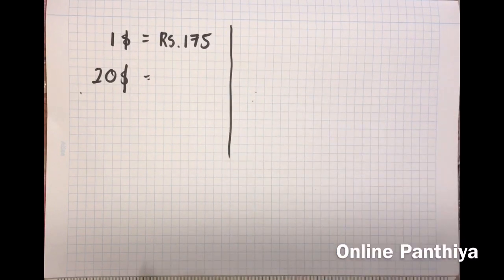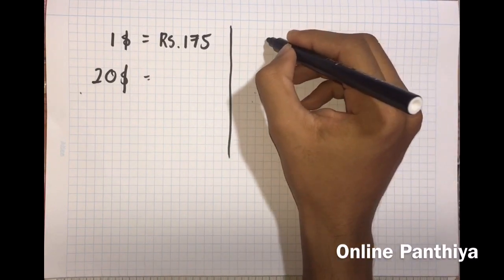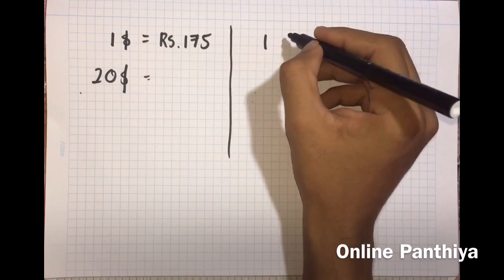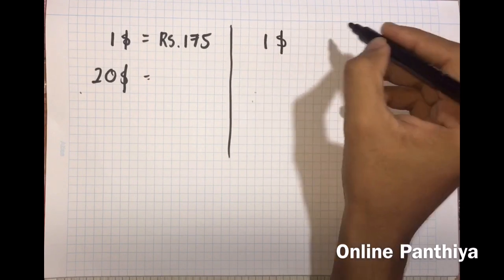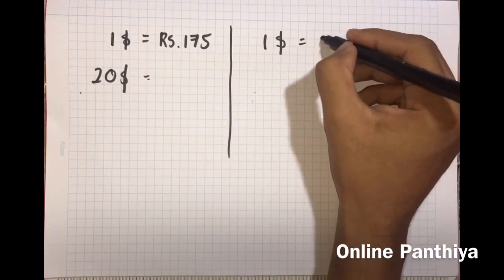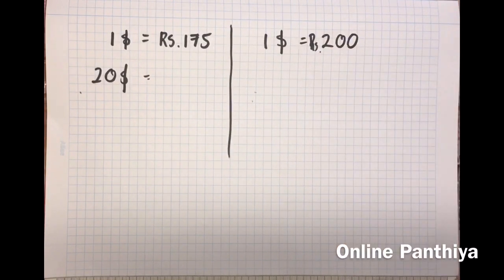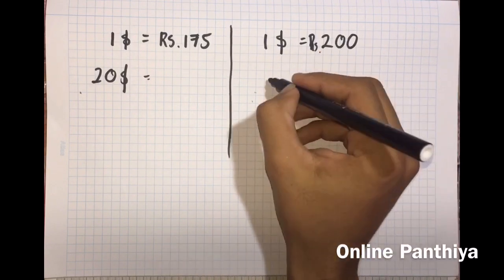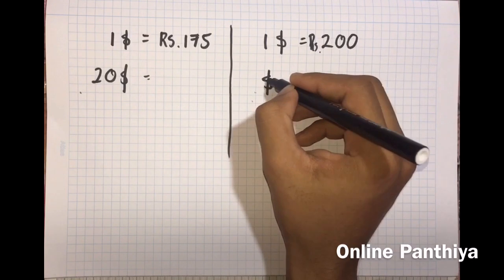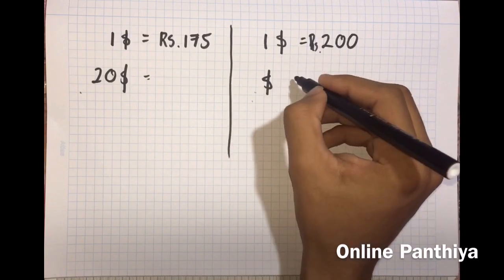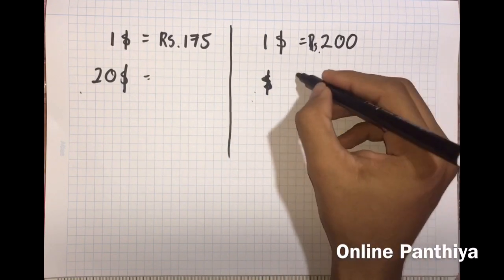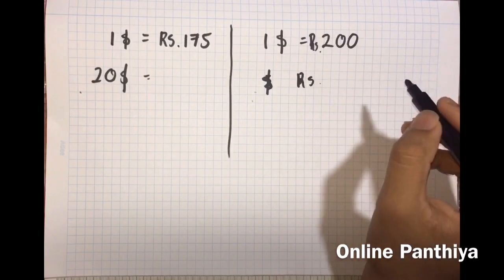And sometimes they will give you questions like division. Like, $1 is equal to say 200 rupees. A person from abroad is sending around 40,000 rupees to the bank account.